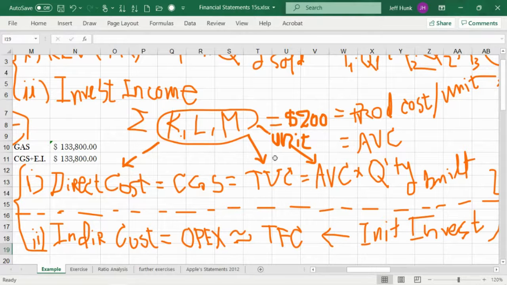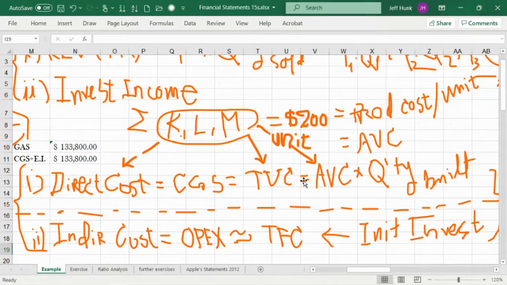It also breaks down. Think about it. If total variable cost is $200,000, and we divide it by 1,000 units, since we produced 1,000 units, what do we arrive at? We arrive back at the unit production cost of $200.